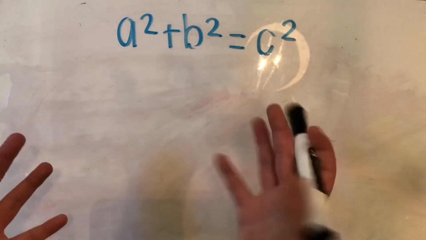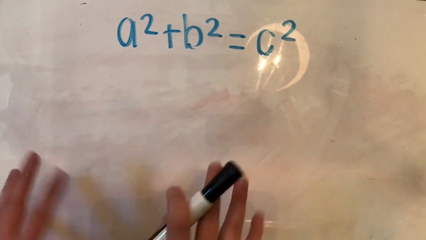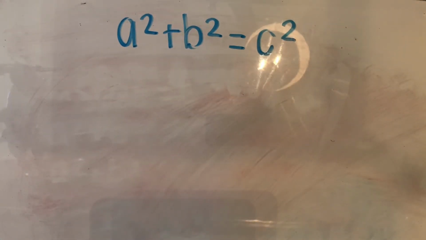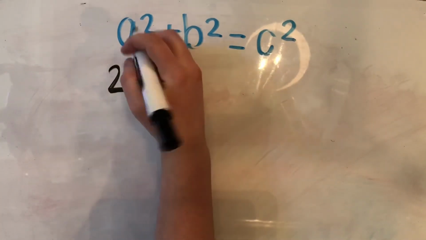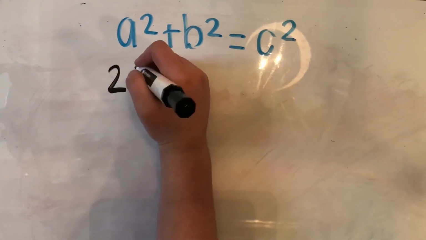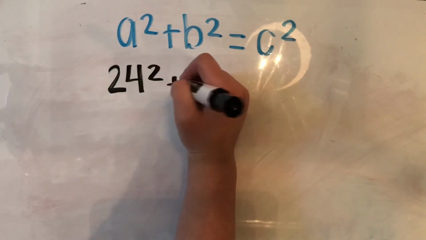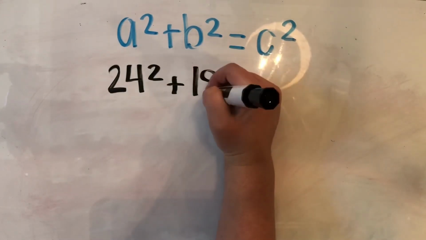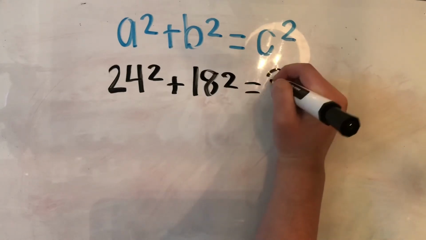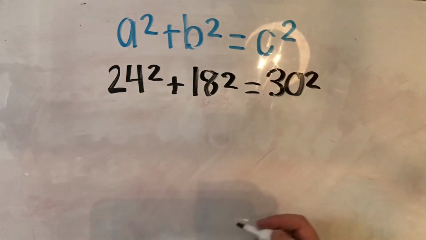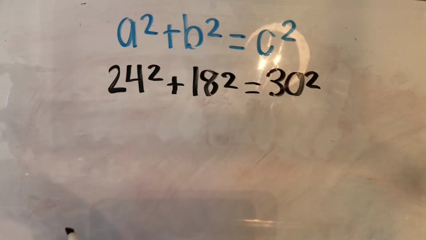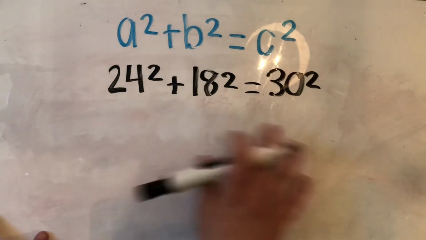It's just the basic equation that we need to plug the numbers into. So we can do 24 squared, because that was our first value, plus 18 squared, that was our second value, is equal to 30 squared. And now we need to square all of the numbers.